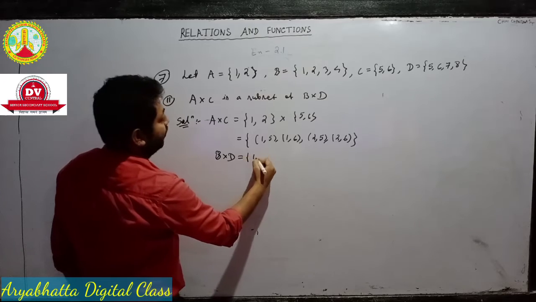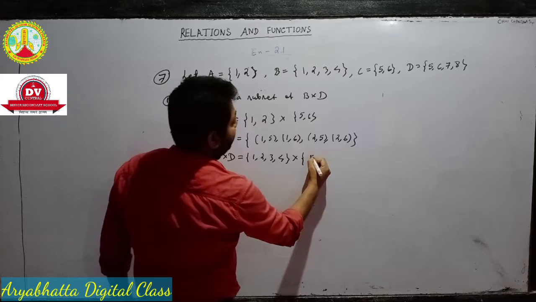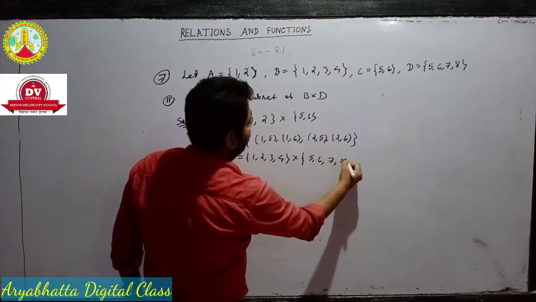Next, B cross D. B is equal to {1, 2, 3, 4}, D is equal to {5, 6, 7, 8}.